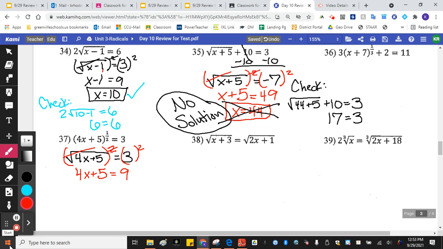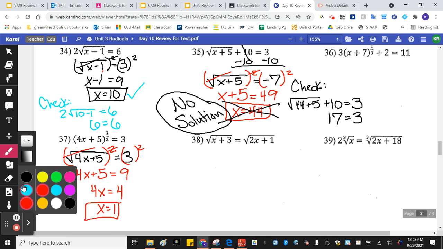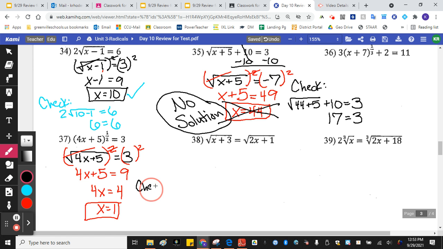So 4x plus 5 equals 9. Solve it like a normal equation. X equals 1. Something like that, we can just square it because 1/2 times 2 cancels out.